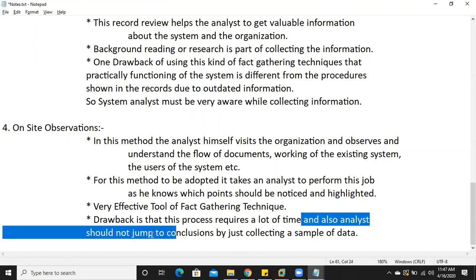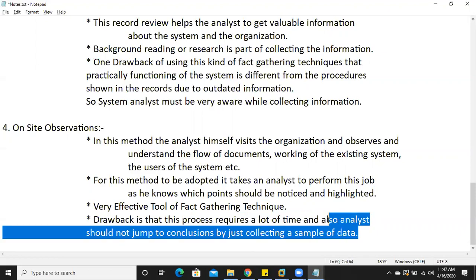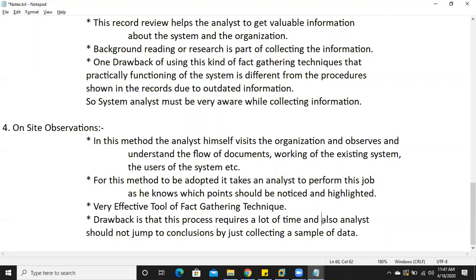Also, the analyst should not jump to a conclusion by just collecting sample data. It is a very important point that the analyst should not collect the data of only some components, and based on those components conclude that the other components are also working fine.